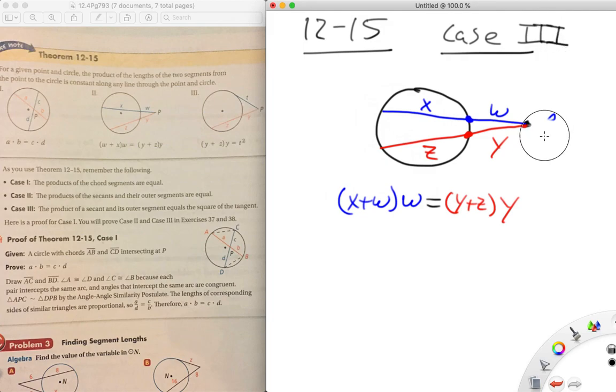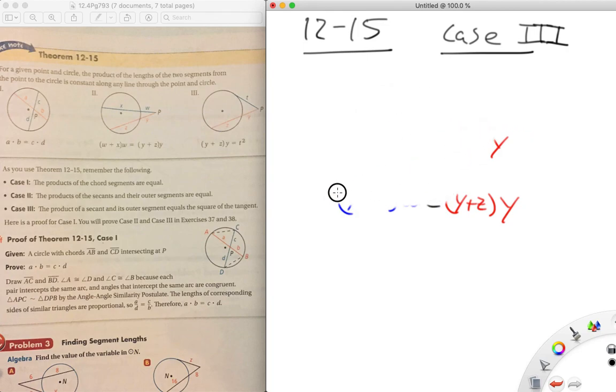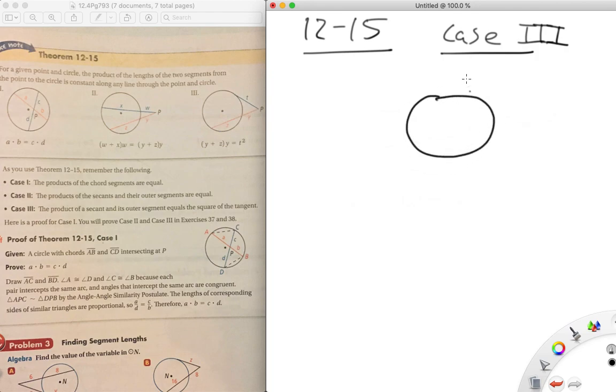Case number 3, we have one line that's tangent and then one line that goes through the circle, or secant. So one line that's tangent and one line that is secant, goes through 2 points.